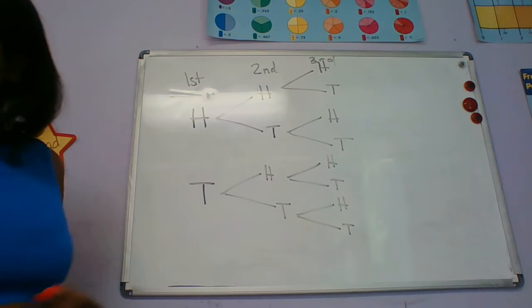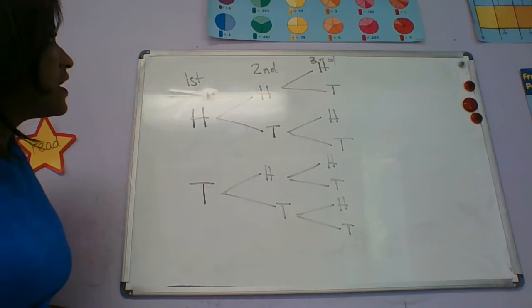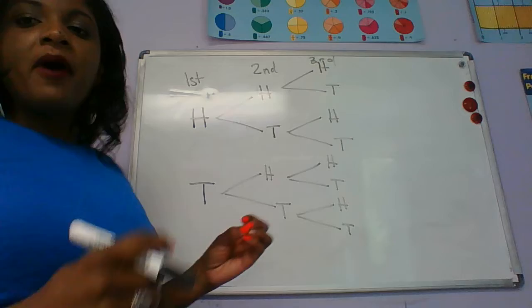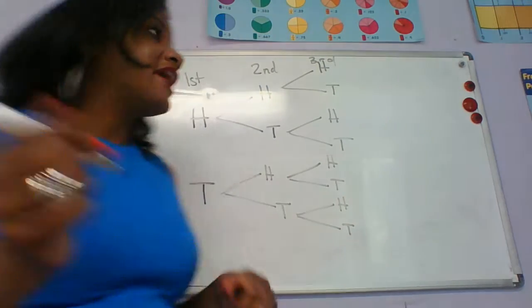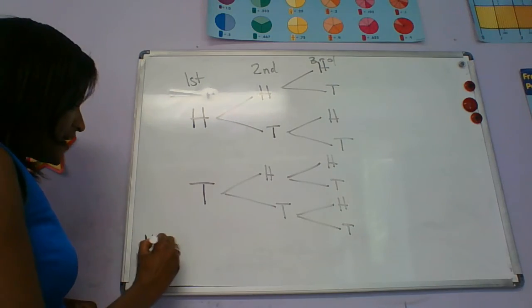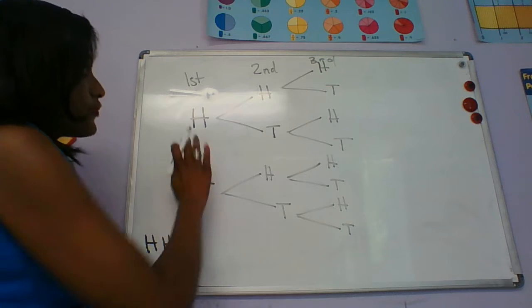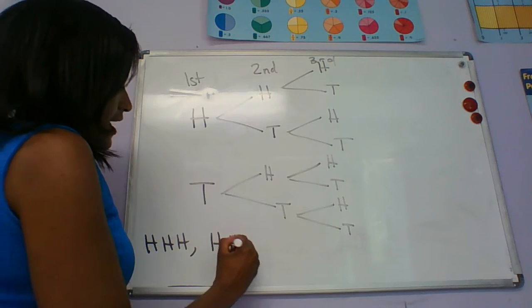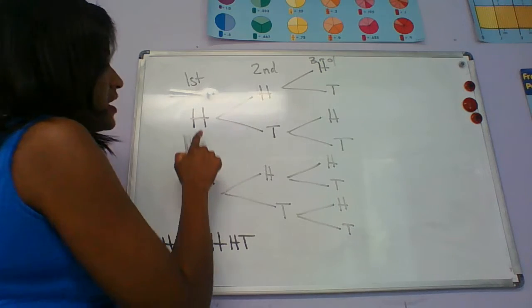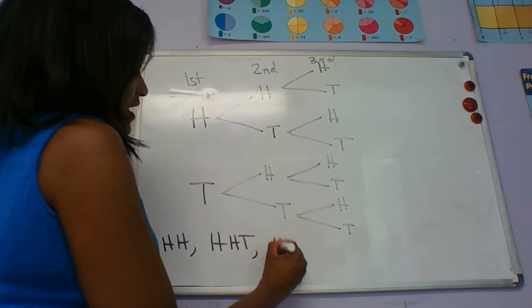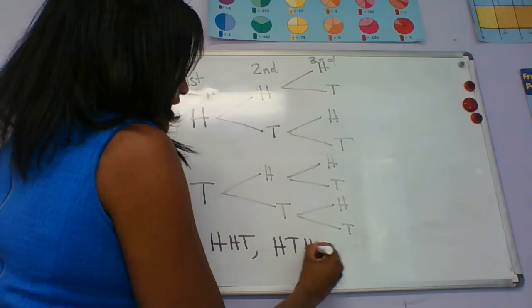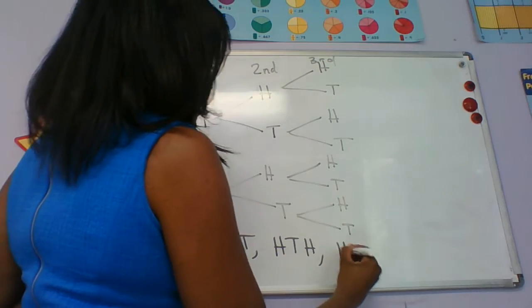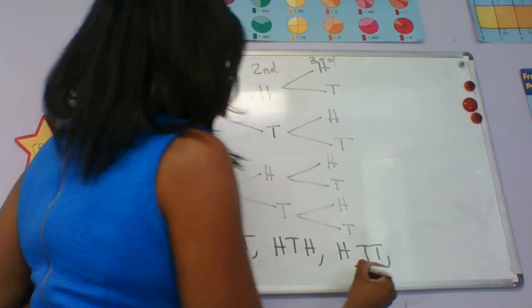All right, so our sample space is all the possible outcomes that we could have. So perhaps we have head, head, head, 3 heads in a row, or it could be head, head, tail. It could be head, tail, head. It could be head, tail, tail.